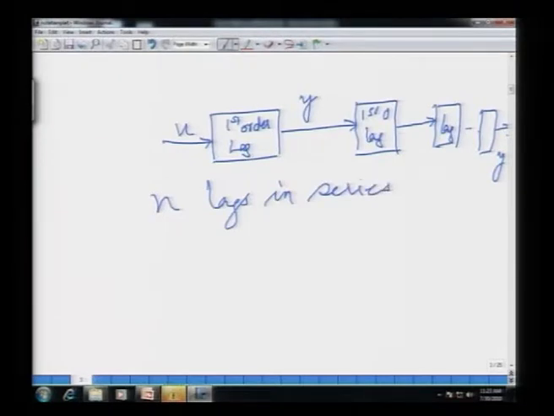Then if you look at the output from the nth lag, if the input change is a step, if u changes as a step, y n would change in this case something like an S shape. So, when you see an S shaped response, that essentially can be described by n number of lags in series.